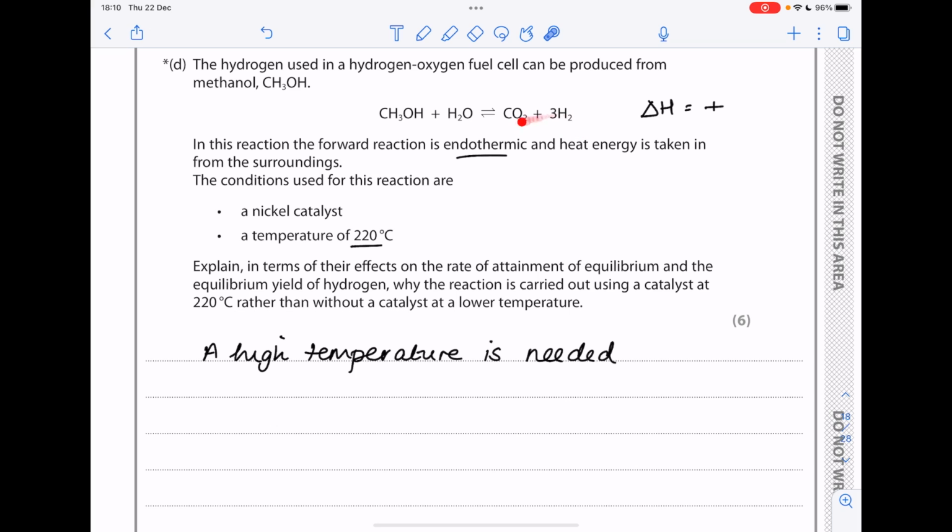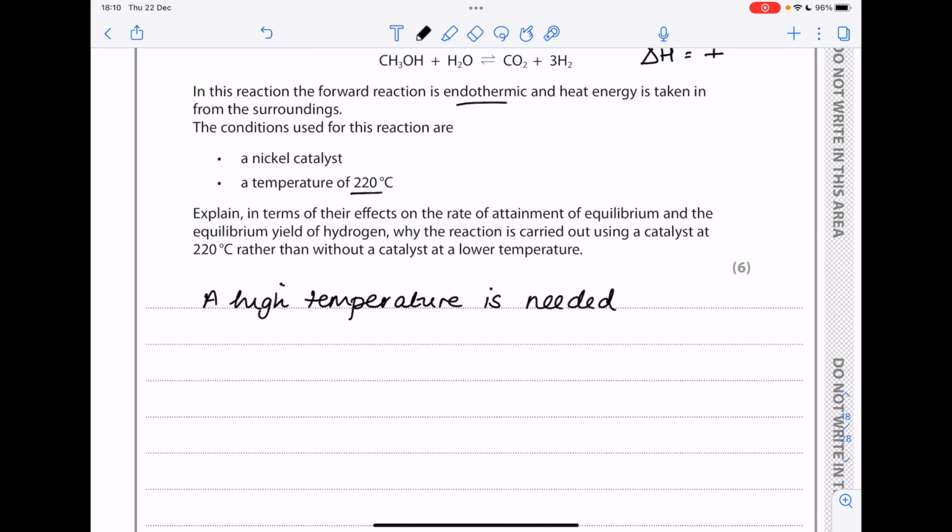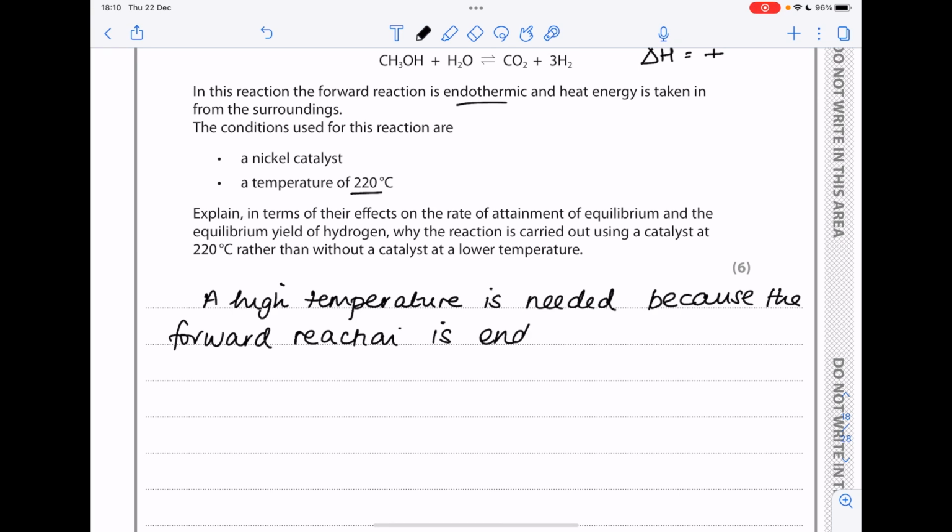The position of equilibrium shifts to the right in order to produce a large yield of hydrogen, which is a good thing. So we'll start by saying that. So a high temperature is needed because the forward reaction is endothermic, and the position of equilibrium shifts to the right, increasing the yield of hydrogen.